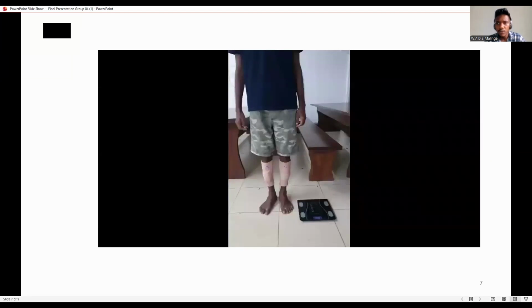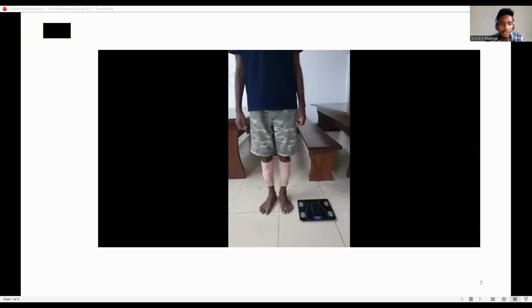This video shows how the system works. This slide shows the demonstration of how the entire system works in real life. As you can see, the IMU sensors are attached to both legs using wearable bands.